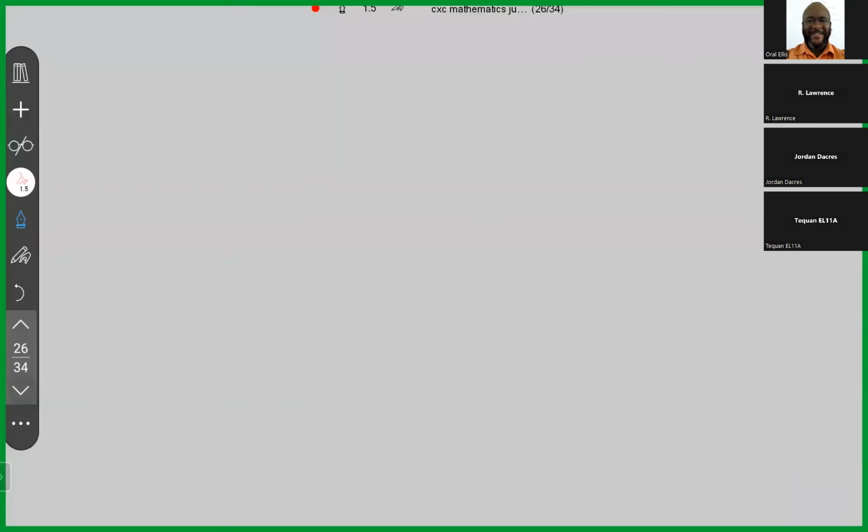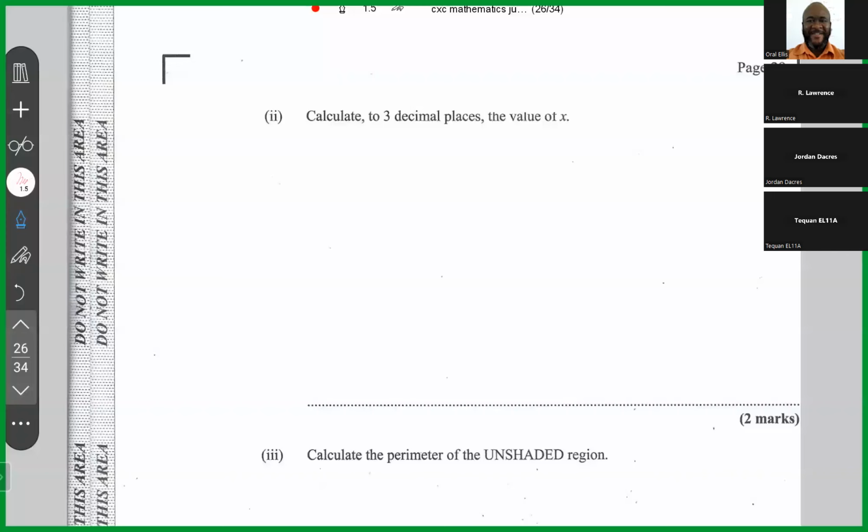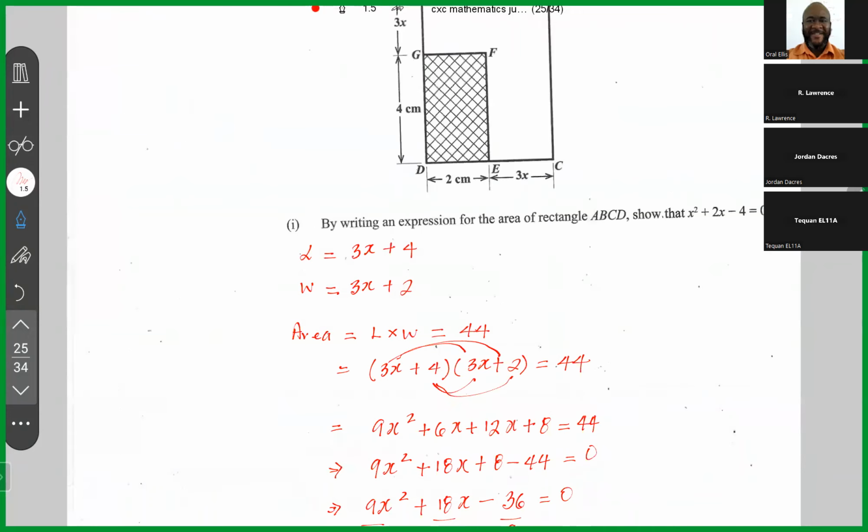Next, we're asked to calculate to 3 decimal places the value of x. So we have a quadratic equation, x squared plus 2x minus 4 is equal to 0. Let's double check. Yes.